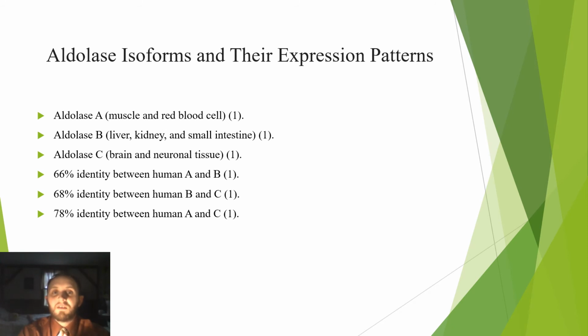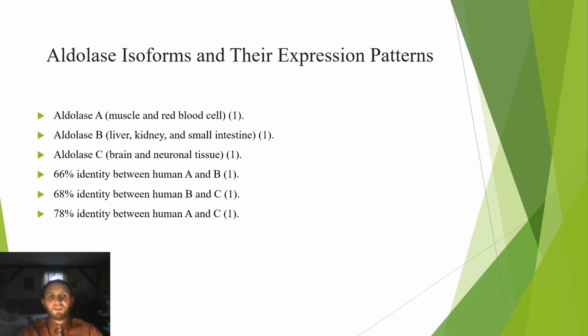And aldolase B type, I should just call it, is involved in the functions of the liver, kidneys, and small intestines. And then finally you have the aldolase C type, which really plays a role in the central nervous system, specifically in the brain and nerve tissue.